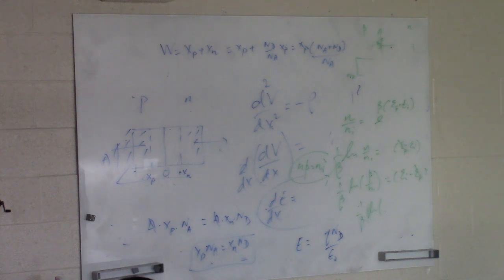So here's a nice picture, please follow this one. This is P-type, that means the majority carriers are holes, right? They will diffuse this way. Here the majority electrons will diffuse this way, but any minority carriers in your P-type will move in this direction, against the electric field, right?